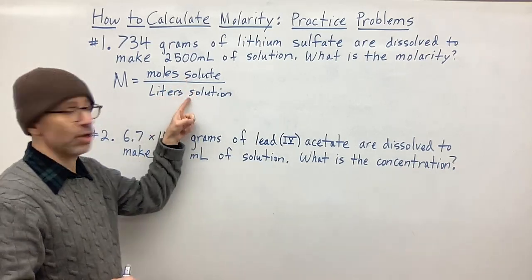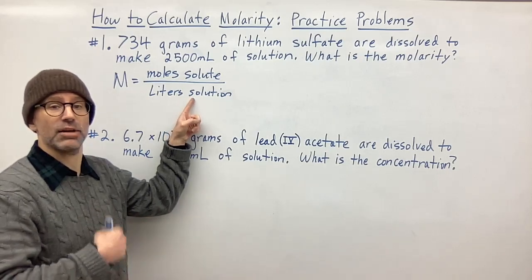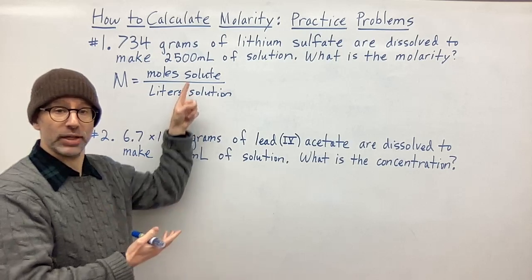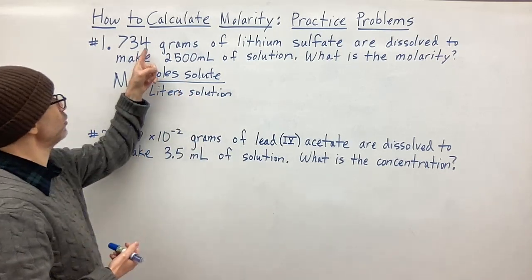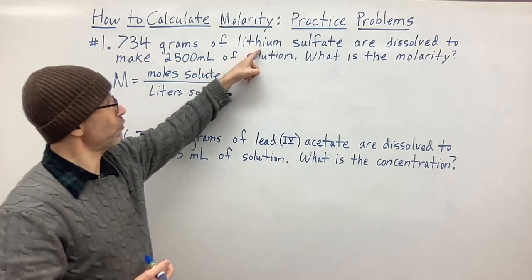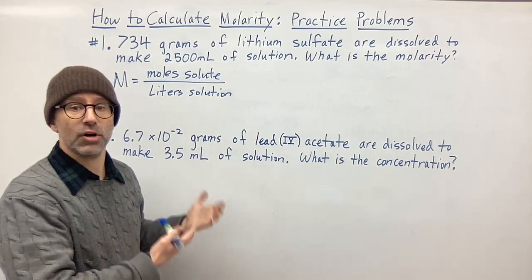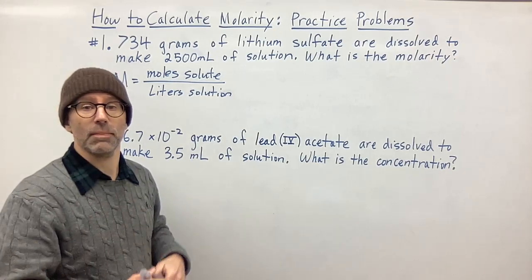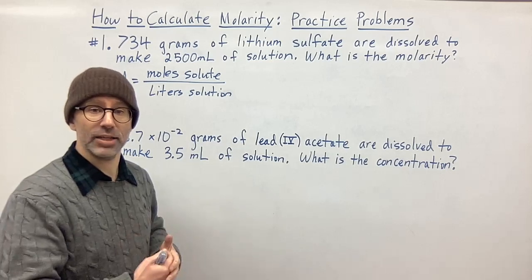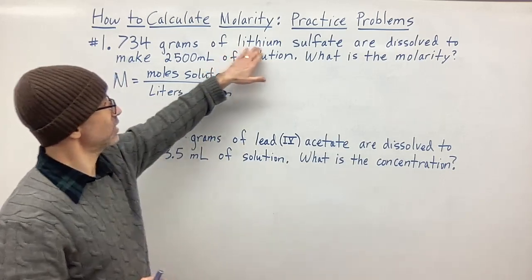If they're not given to me directly in the problem, then I need to convert to get those units. What do they give me? They give me grams of the solute, lithium sulfate. So I don't want grams, I want moles. So I'm going to need to convert the grams to moles, and that is what I'm going to use molar mass for. So I need to calculate the molar mass of my solute, which in this case is lithium sulfate.